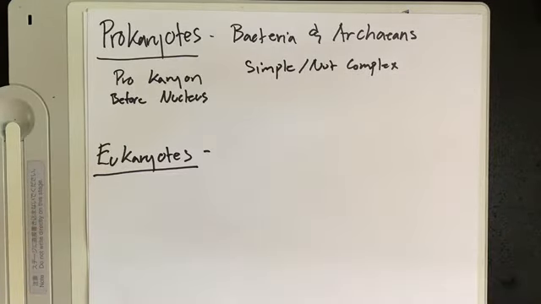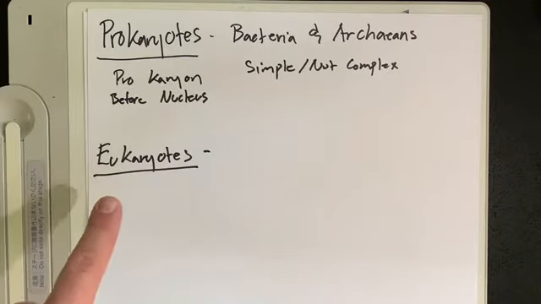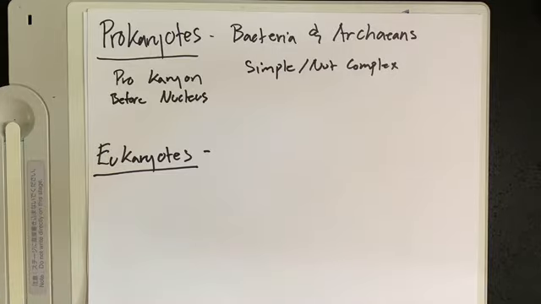And I say not complex, but I don't think I've told you guys yet, my area of expertise in biology is microbiology and specifically virology. And actually, when you look at bacteria and things like viruses and archaeans, they are very complex. But when you compare them to a eukaryote or a eukaryotic cell, they aren't nearly as complex.